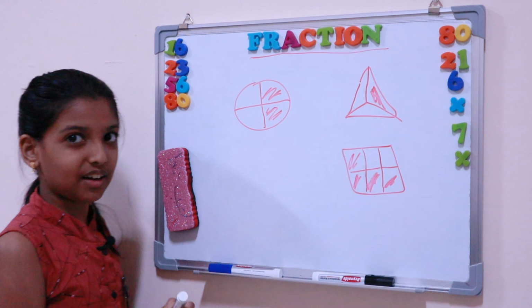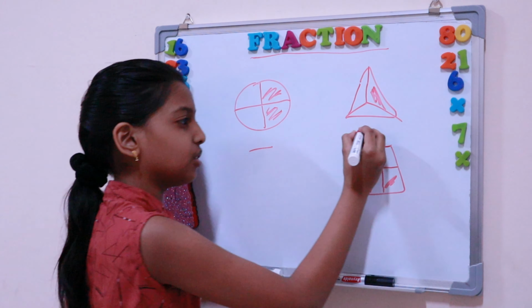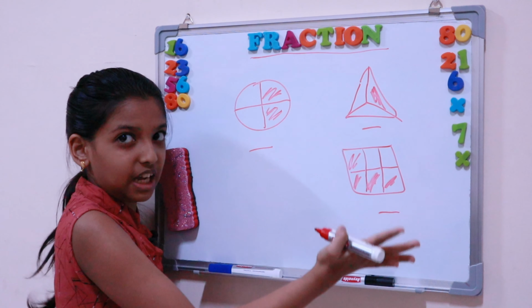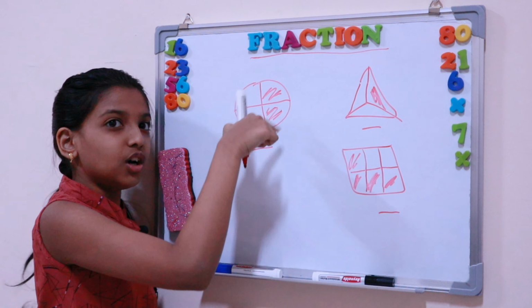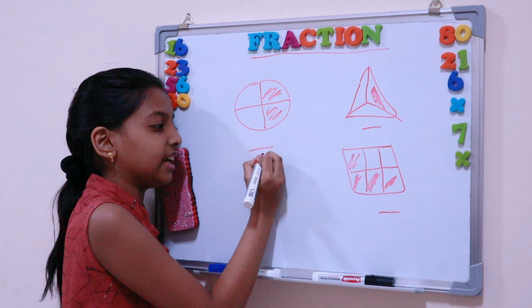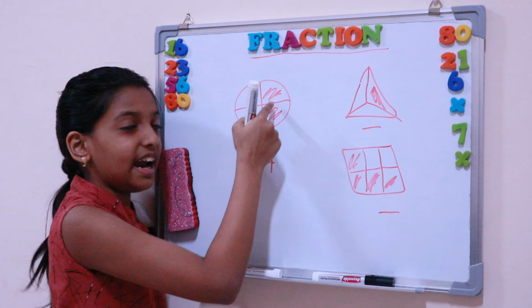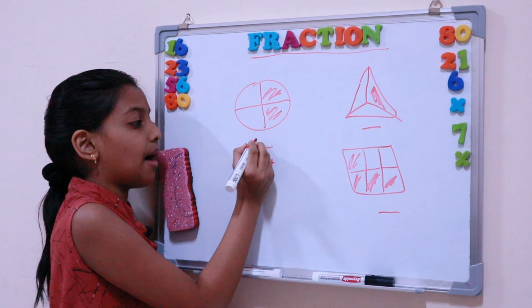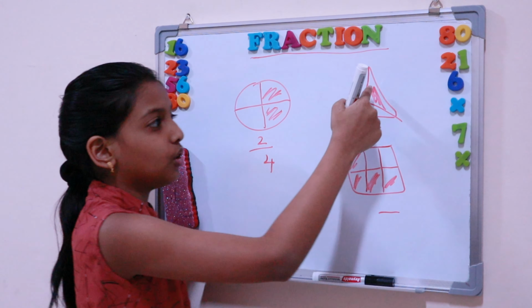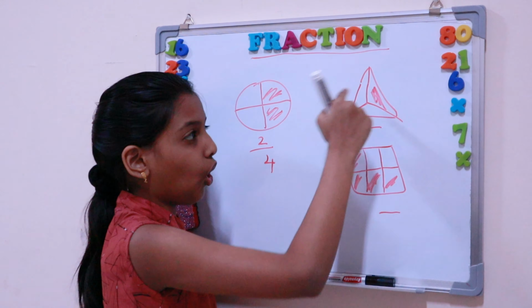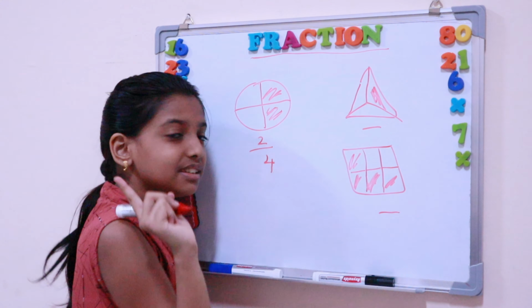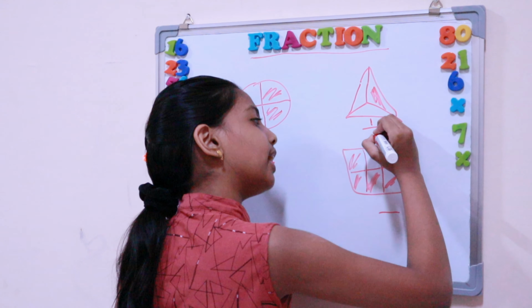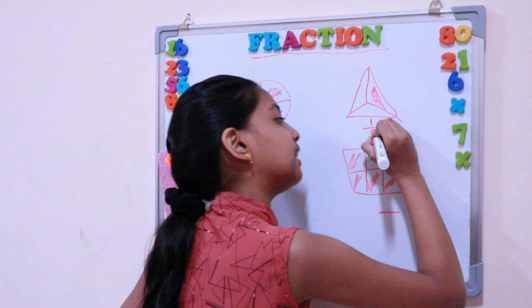So now we are going to write the fractions for these objects. So the total number is 4. So we are writing here 4 and the shaded parts are 2. So we are writing 2 above. So there are 3 in the total. So the 1 is shaded. So we write 1 above and write 3 here.